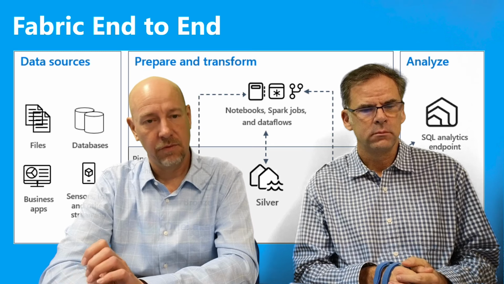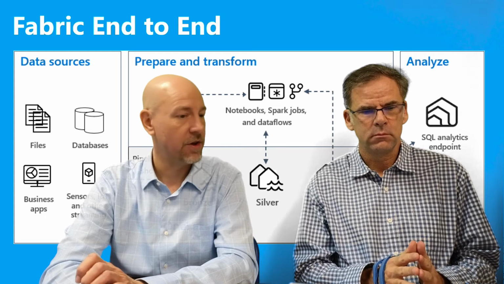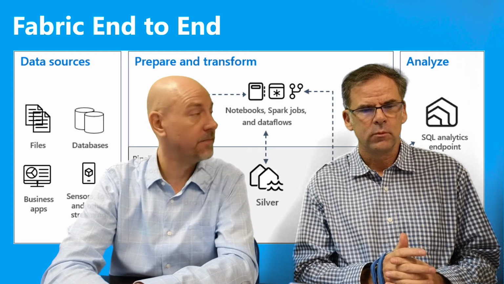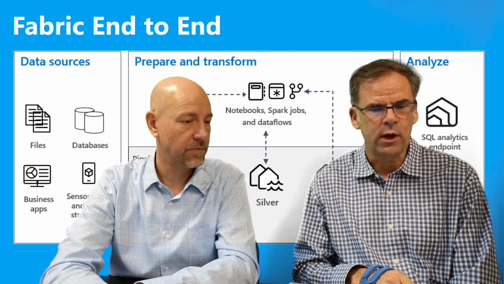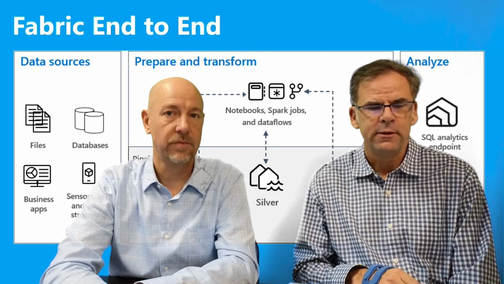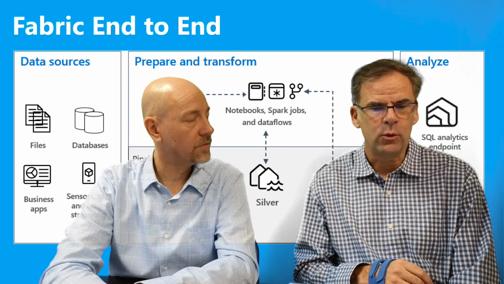So Jonathan, do you want to walk us through the concept of what we call the medallion architecture that we're seeing here? Sure. If you look on the bottom middle there, you can see bronze, silver, and gold, and that's the medallion architecture. Those are three different layers of data quality.